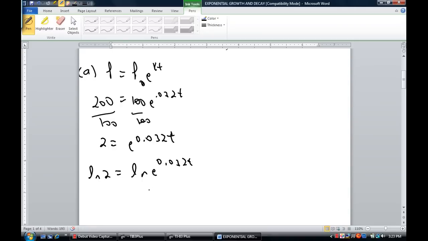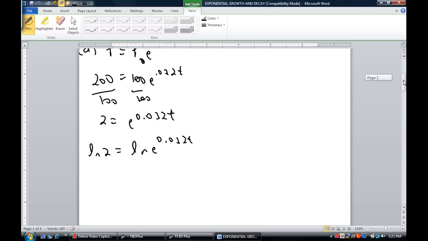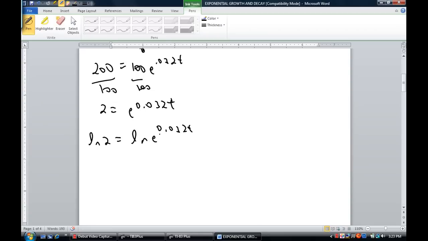Now the good thing about this is, if you notice, we have natural log of e. Well, we have a property that says if you take the natural log of e to some exponent, it always equals that exponent. The left side we just write down as it is. These cancel out.